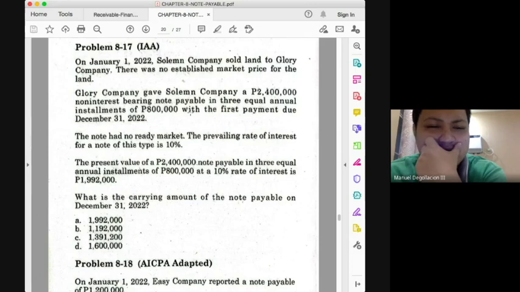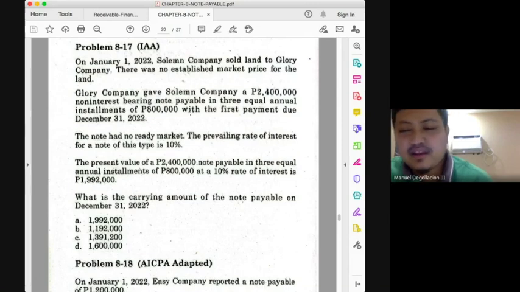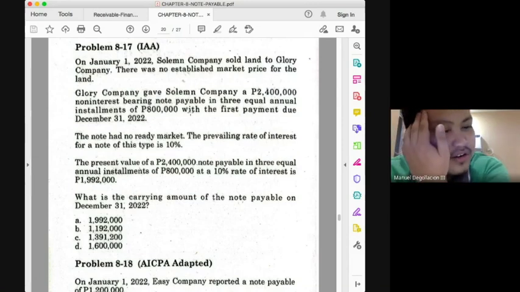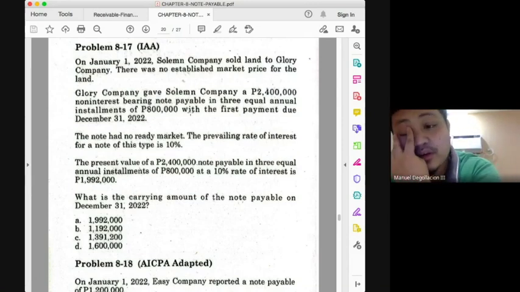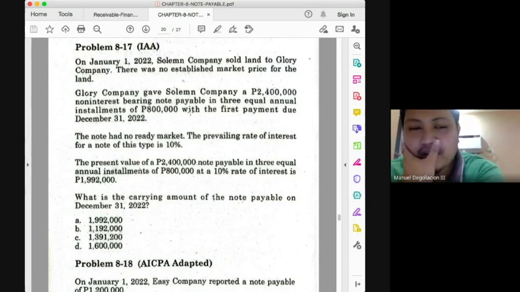No, it will be different in the subsequent year because your interest expense for 2023 will now be based on your 1,391,200 balance. Okay. So if you are asked how much is the interest expense for 2023, your answer would be 1,391,200 multiplied by 10%. And your answer should be 139,120.